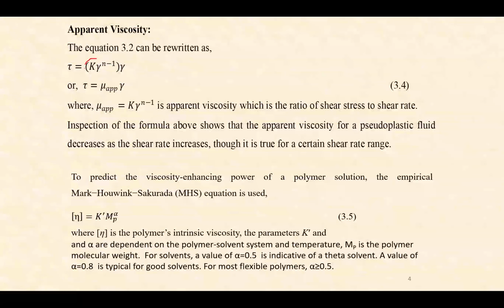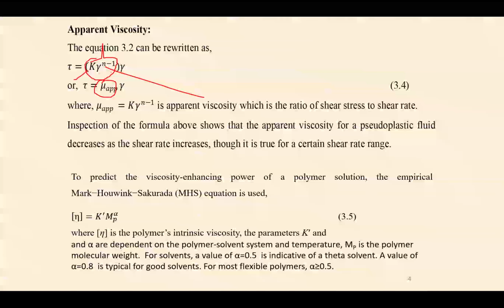And this is basically known as the apparent viscosity. Now, if we know the values of K and n, we can get the value of apparent viscosity at a particular shear rate.